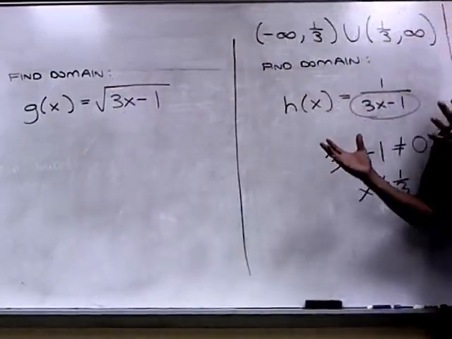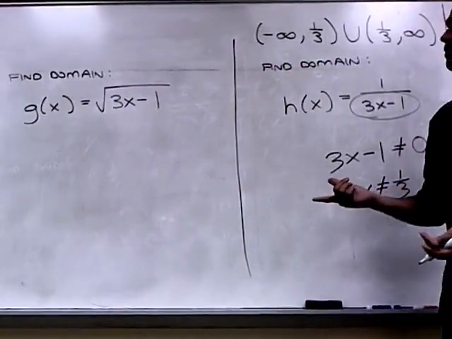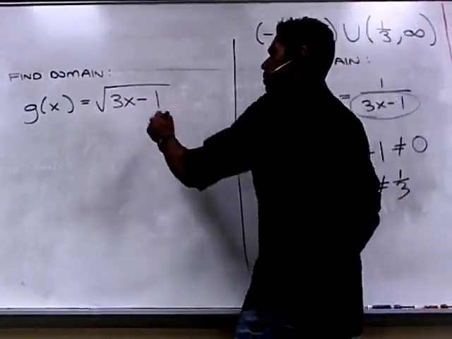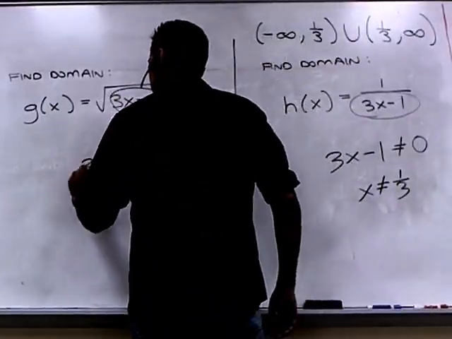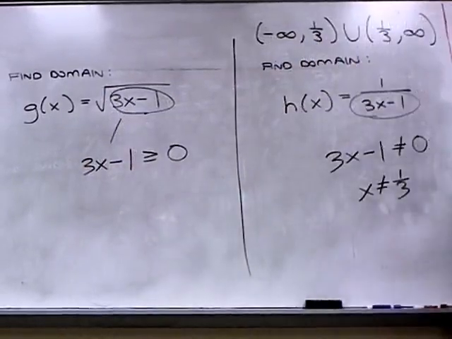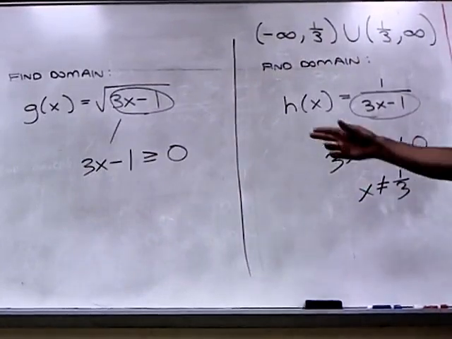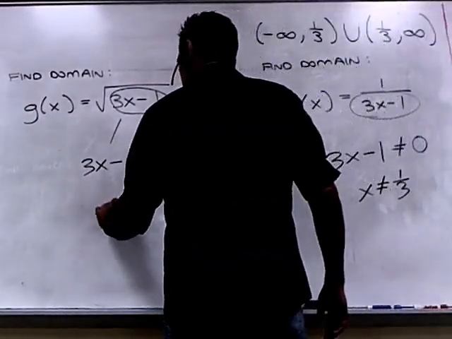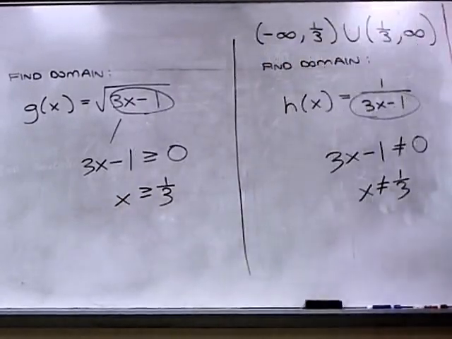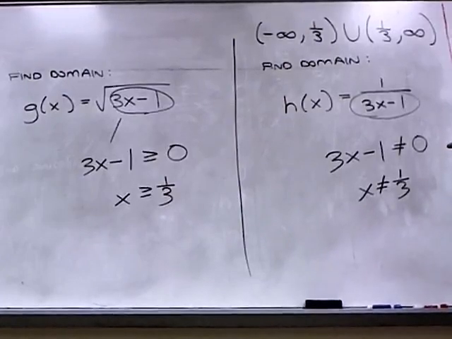Now it's not in the denominator, so we don't have to worry about division by 0. What we do have to worry about, though, is no negatives in there. So what's in here has to be greater than or equal to 0. And it can be 0, square root of 0 is 0. That's okay. And if I move things around here, x must be greater than or equal to 1/3. So we can be 1/3 this time.